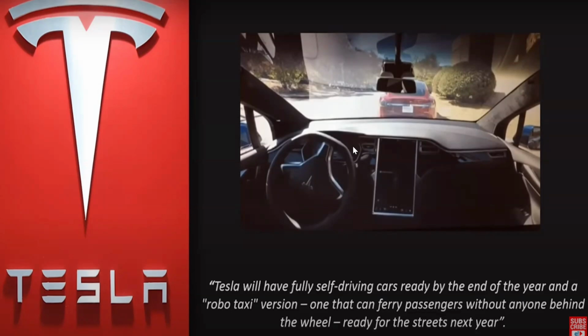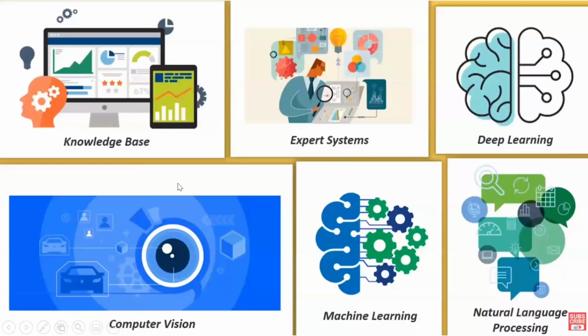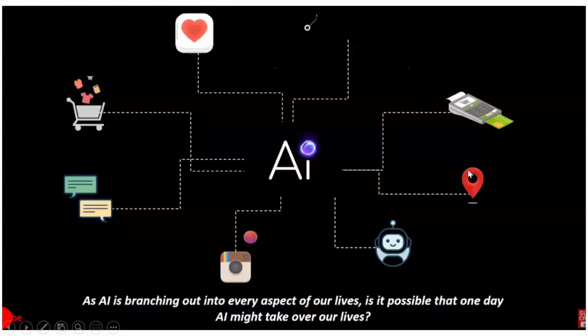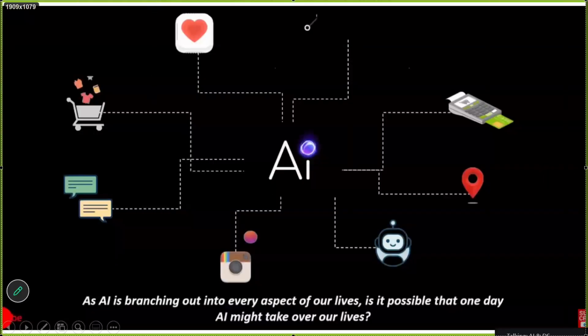Fine. And if you see, AI is there in every branch. AI is there in knowledge-based applications, expert systems, computer vision, natural language processing, and so many areas. AI is branching into every aspect.